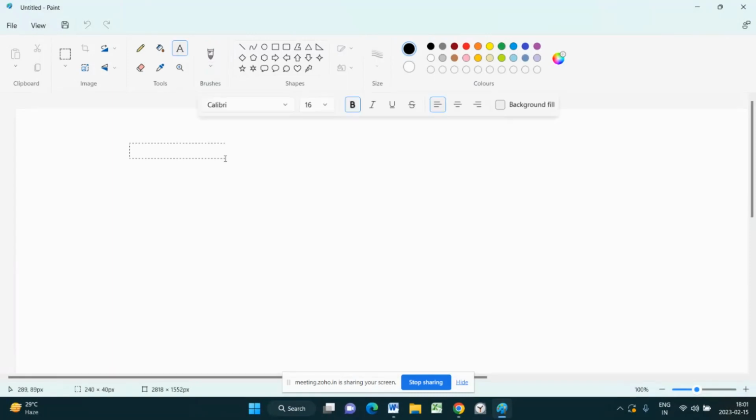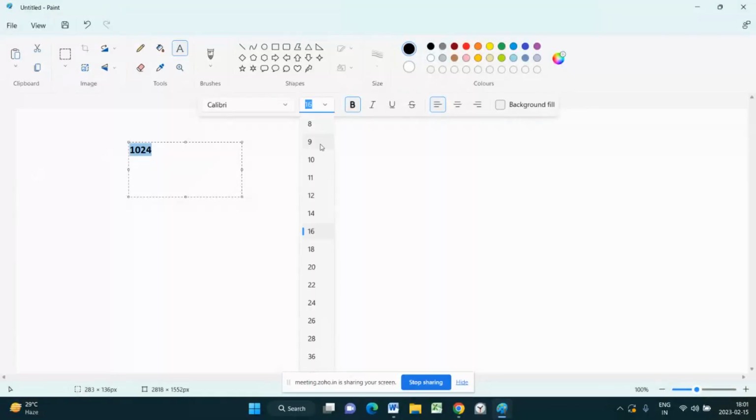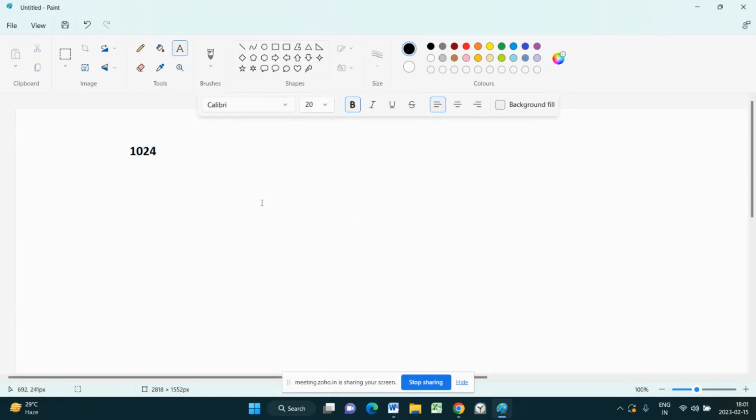Just my screen is visible to you. How to find out 1024 is equal to 2 to the power 10.